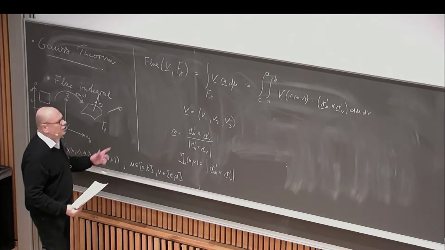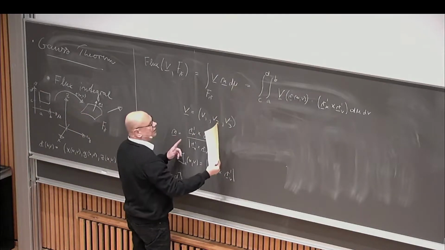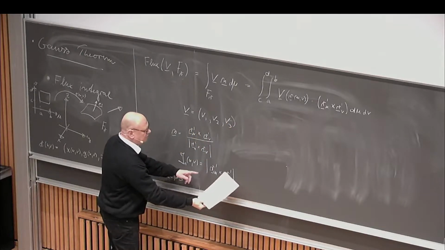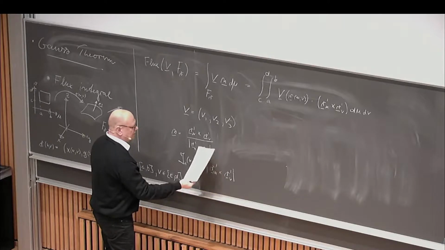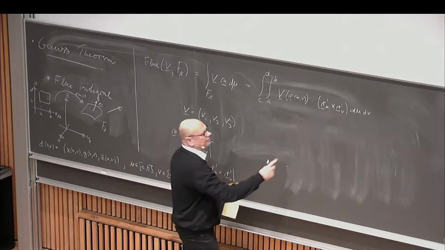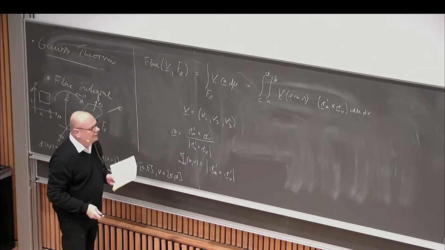So you can see when you put in this unit normal vector and you multiply by the Jacobian, you get rid of this denominator here, and you end up with this result.